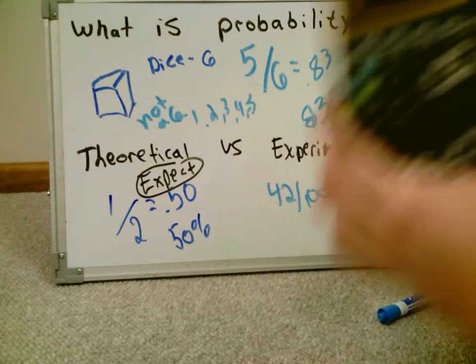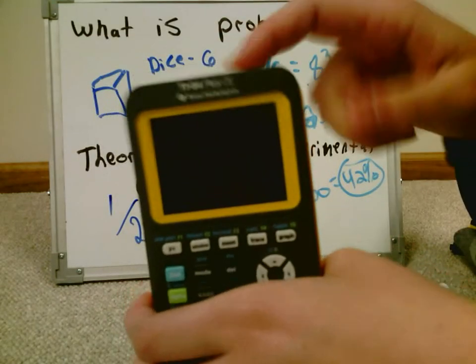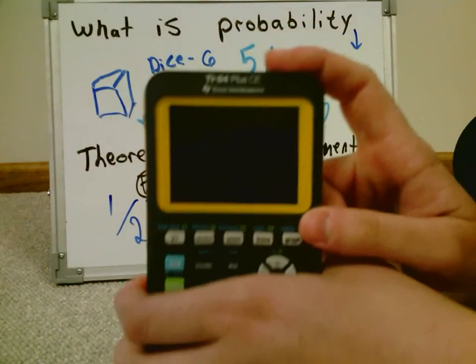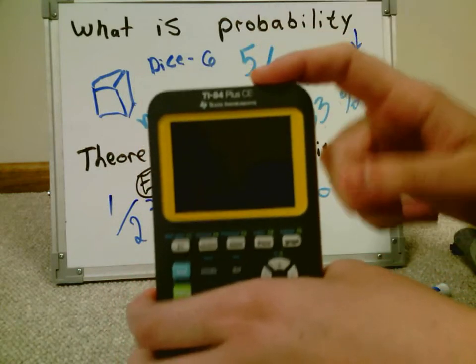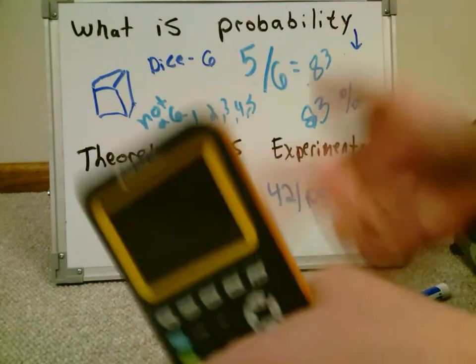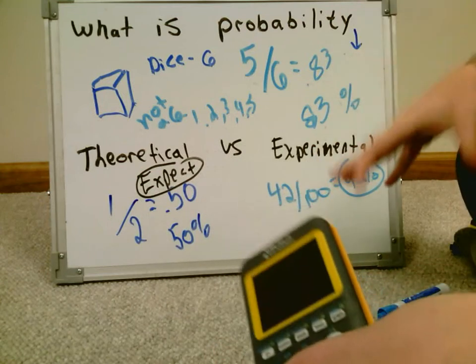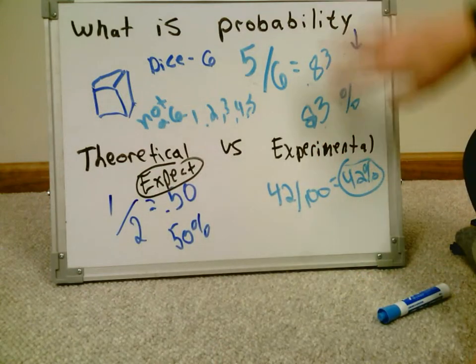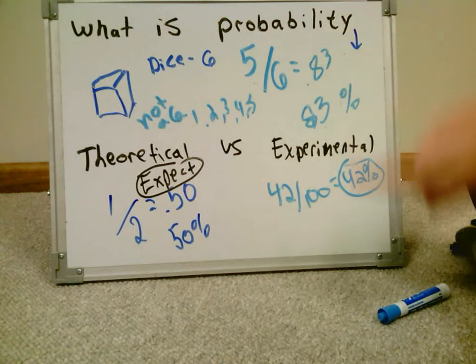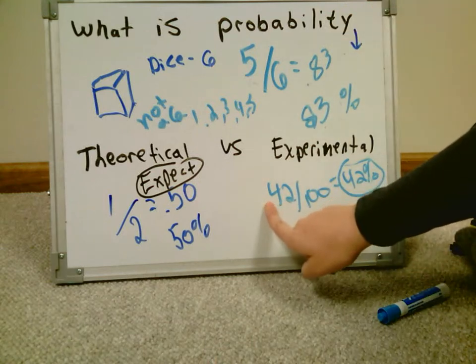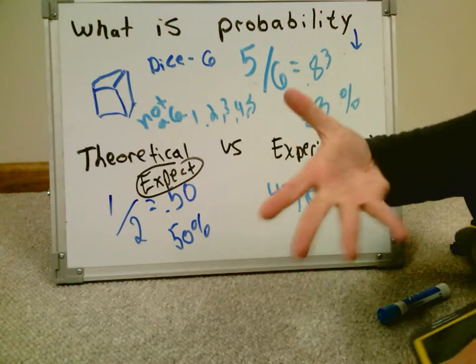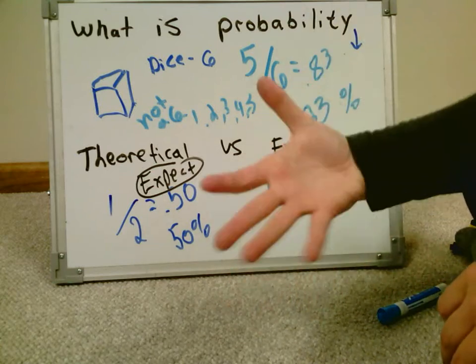Or actually, your graphing calculators have a coin flipping simulation on there, and you could do this exact simulation to find out, you know, if I sat there and flipped a coin 100 times, what would be my experimental probability. Again, you're still doing your total number of outcomes that gave you what you wanted. I wanted heads.